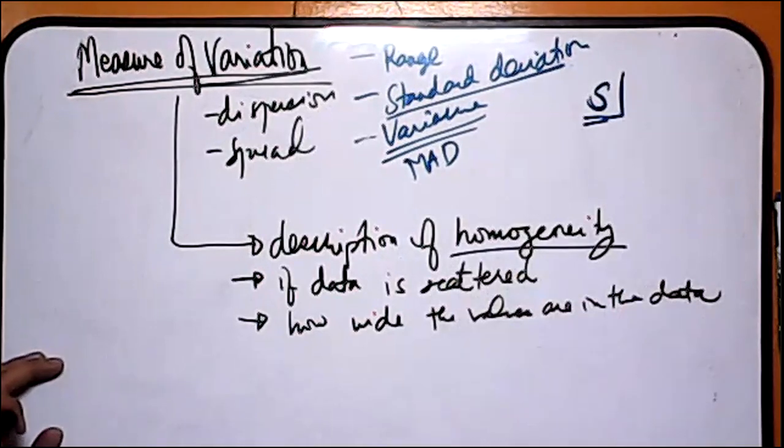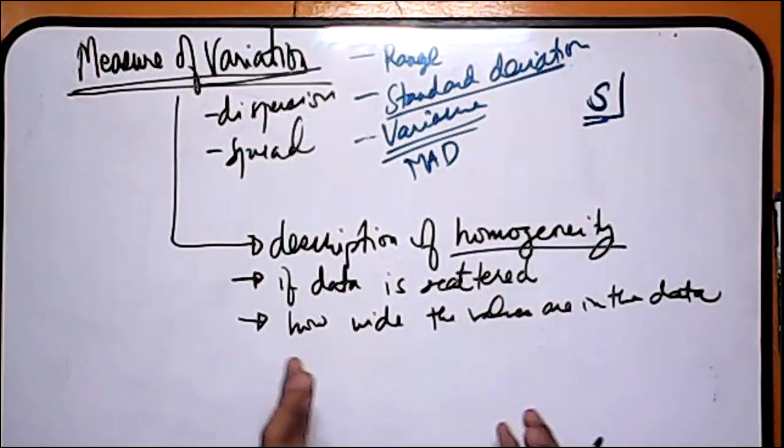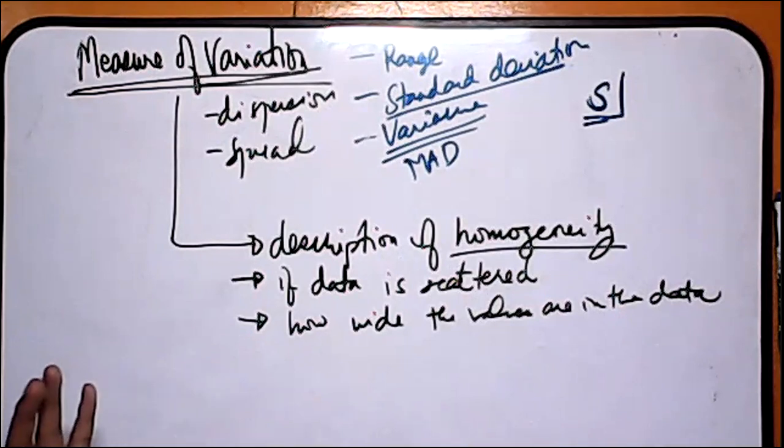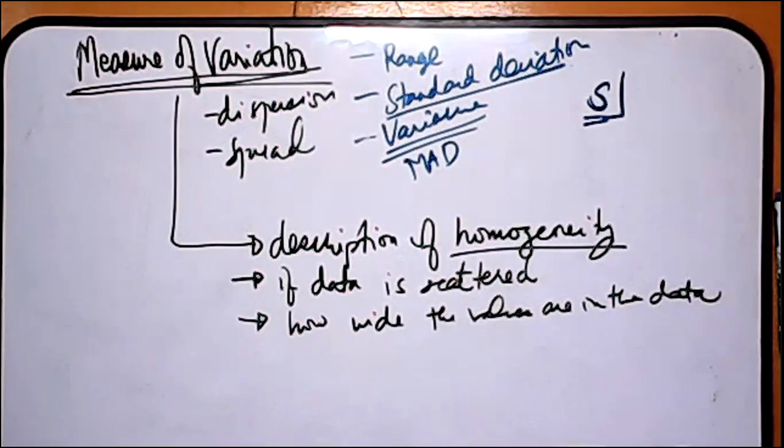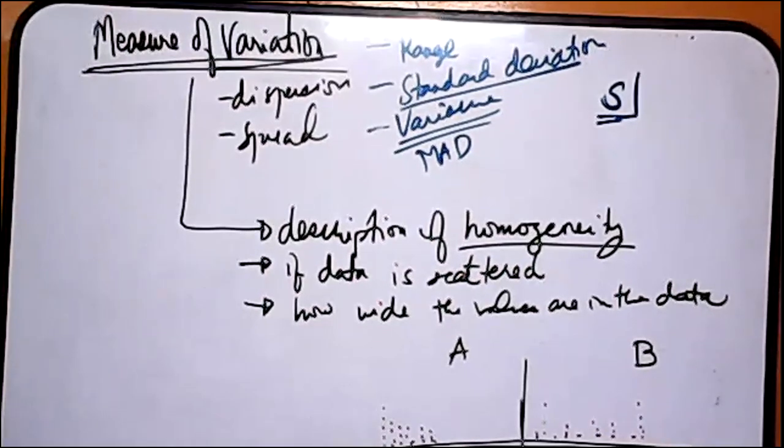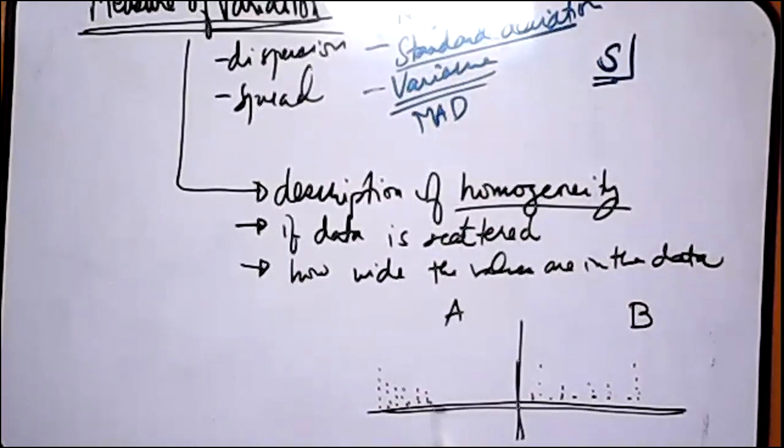Ano ba kasi ibig sabihin ng homogeneity? Pag sinabi nating homogeneity, the values in the dataset are close to each other. Pero pag scattered, heterogeneous ang tawag natin doon. So, for example, if you have a dot diagram A and dot diagram B. Which of these dot diagrams is more scattered?